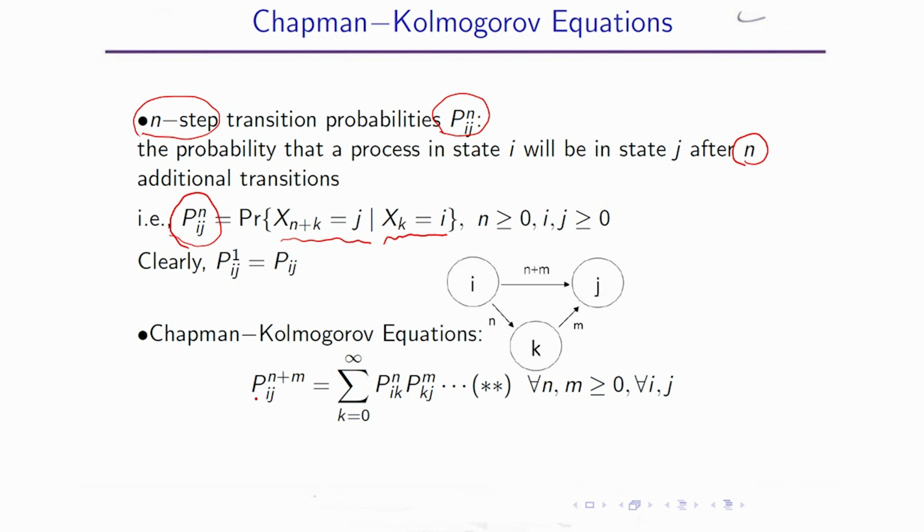So that means if we start from i, and after n plus m steps, we go to j, this probability will be equal to, we start from i, and after n steps, at least we will go to some state k, right? And after m steps, we start from k and go to j, and we sum over all possible states k. So this is called the Chapman-Kolmogorov equations.